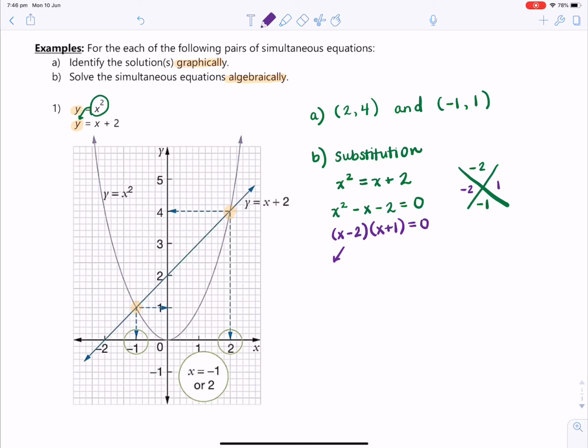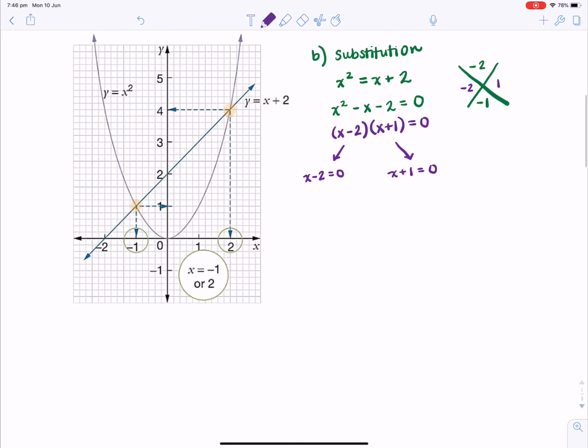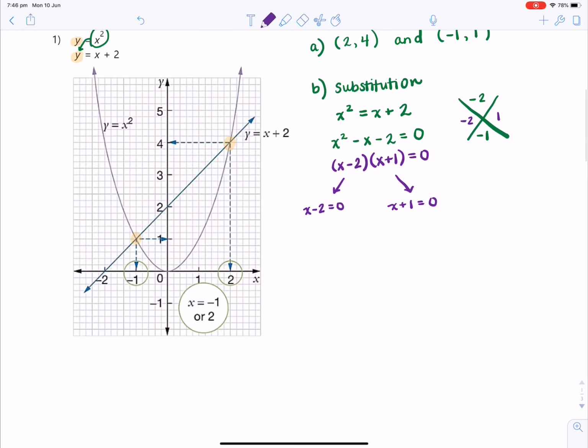The null factor law says that either the first expression needs to equal 0 or the second expression needs to equal 0 in order for the product to be 0. I can solve both of these equations and I end up with x equals 2 and x equals -1.